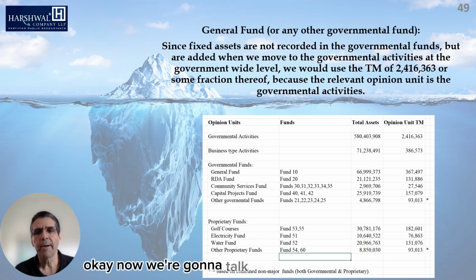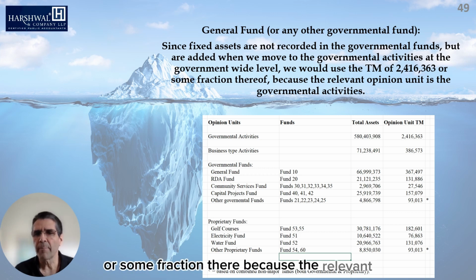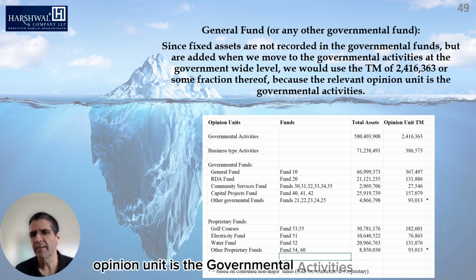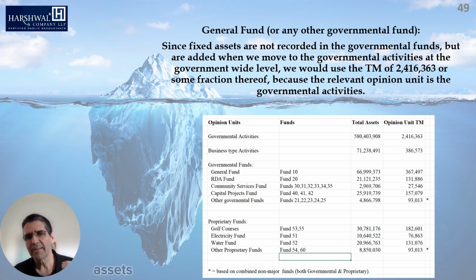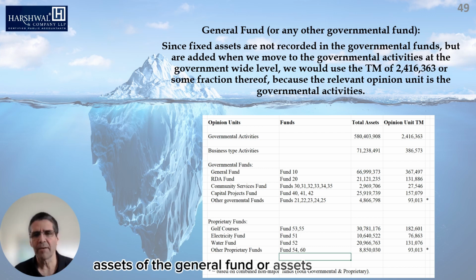Okay, now we're going to talk about the general fund or any other governmental fund. Since fixed assets are not recorded in the governmental funds, but are added when we move to governmental activities at the government-wide level, we would use tolerable misstatement of 2,400,000 something or some fraction thereof, because the relevant opinion unit is the governmental activities now, because that's where they show up, even though they are assets of the general fund or assets of the RDA.